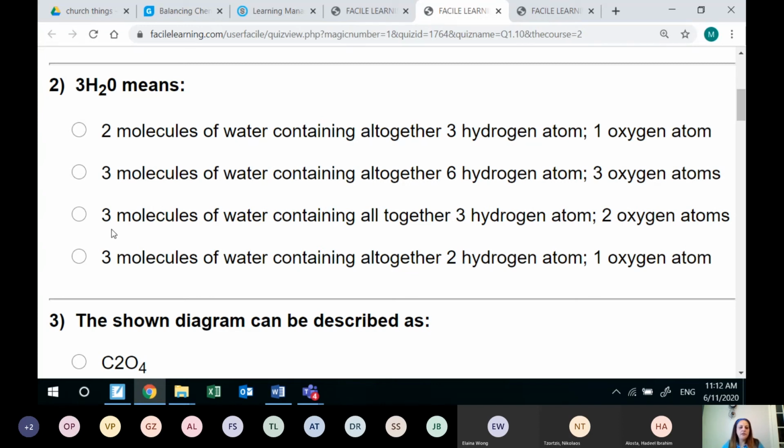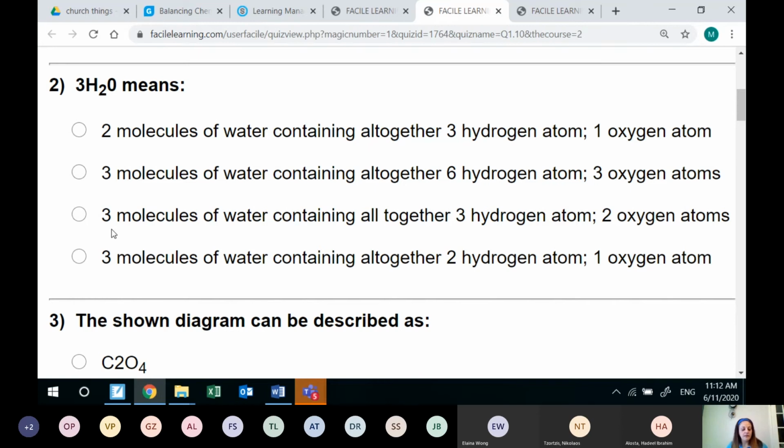Is it the third one, 3 molecules of water containing altogether 3 hydrogen atoms, 2 oxygen atoms? Or the last one, 3 molecules of water containing altogether 2 hydrogen atoms, 1 oxygen atom? Let's see your answers. Let's go on the chat. Well, what do you think? 3H2O, what does that mean?